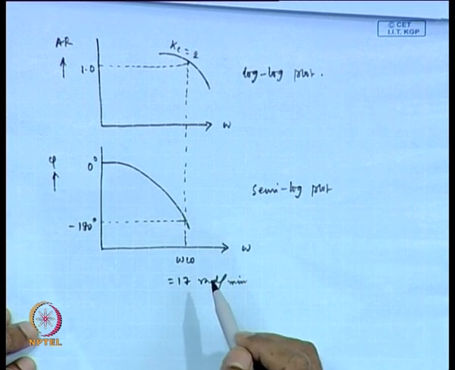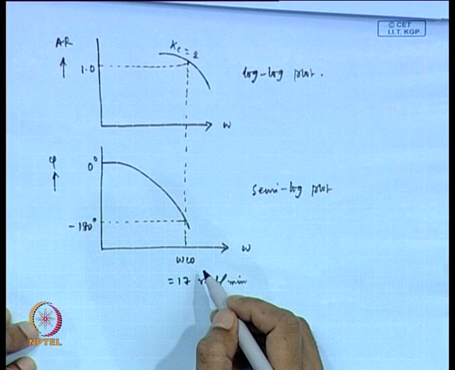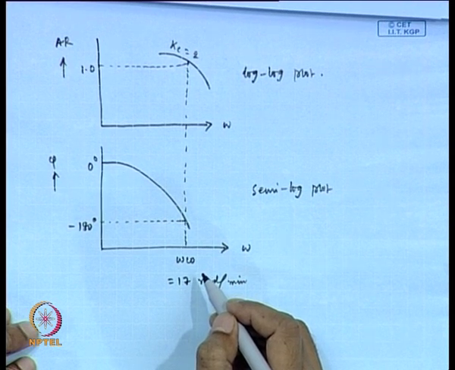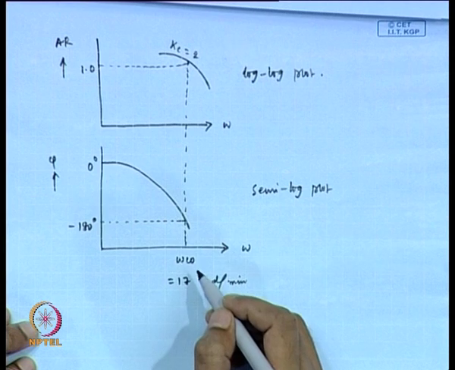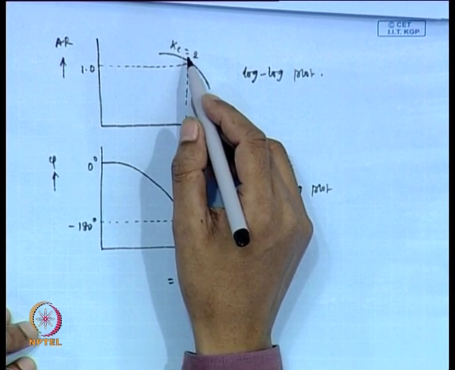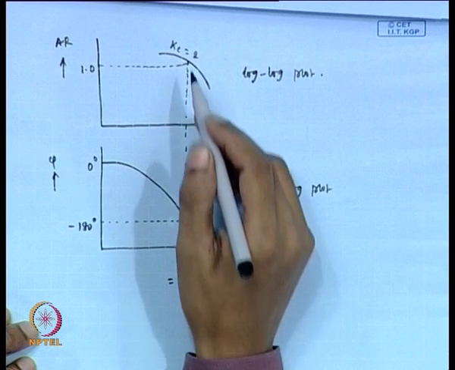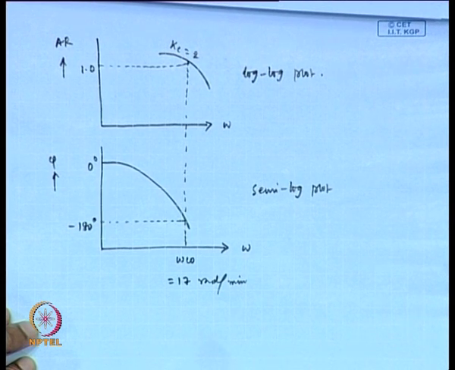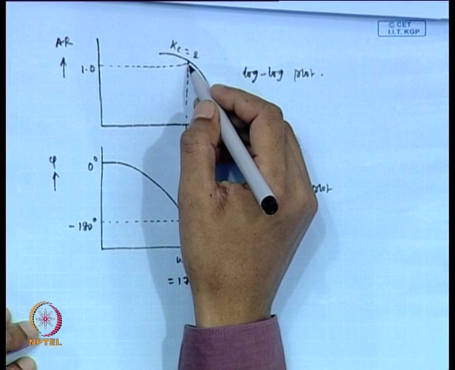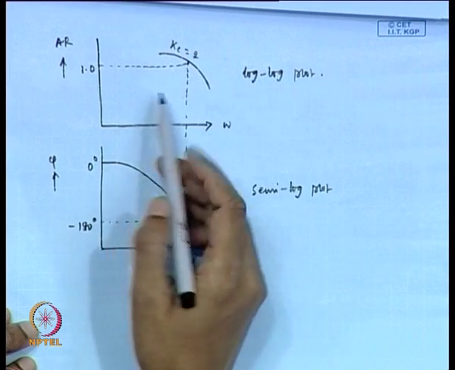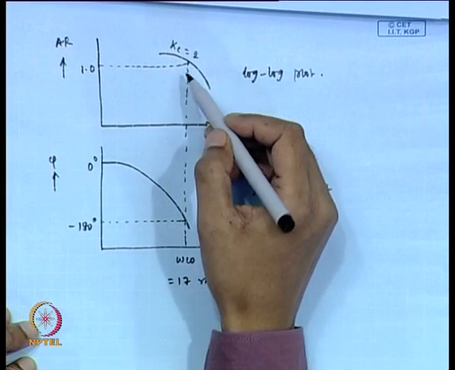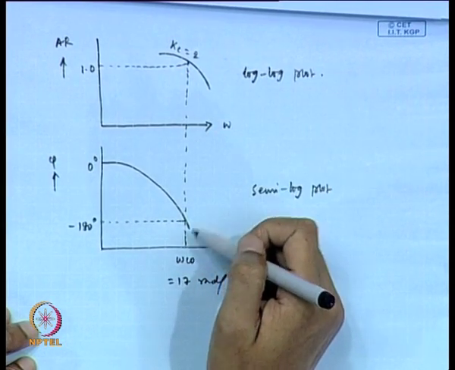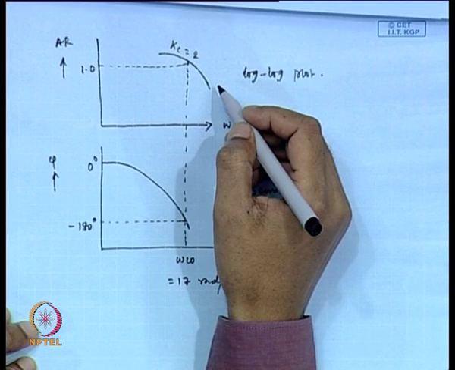We obtain amplitude ratio 1 when Kc equals 2 and omega equals omega CO. Therefore, we have drawn this, which is 1 at crossover frequency when Kc is equal to 2.